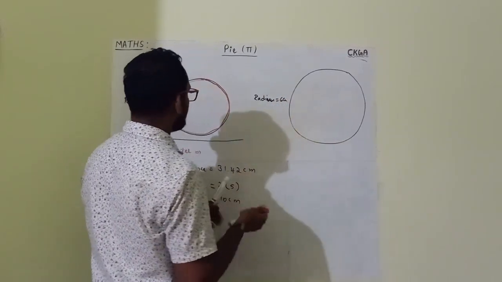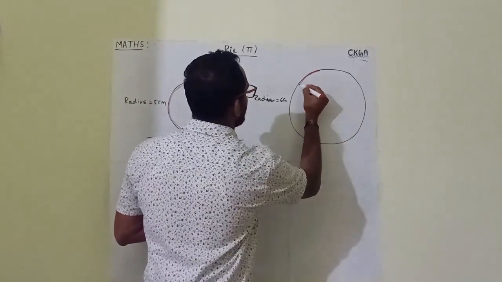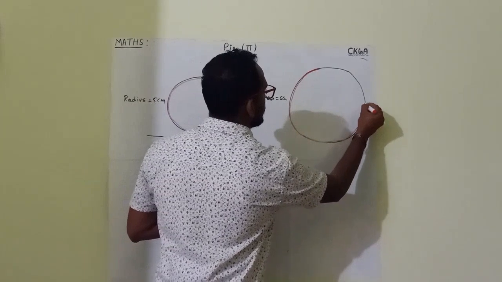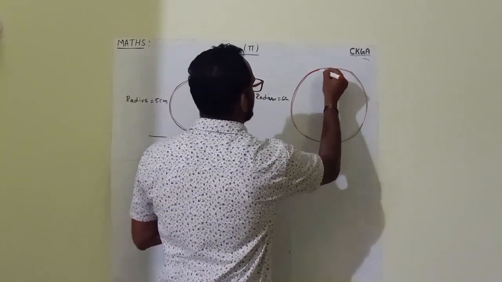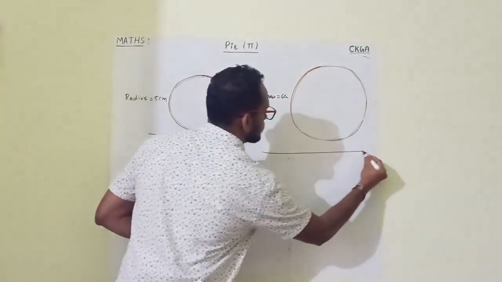Again I need to calculate the circumference. Imagine you cut the circle and get a length like this.